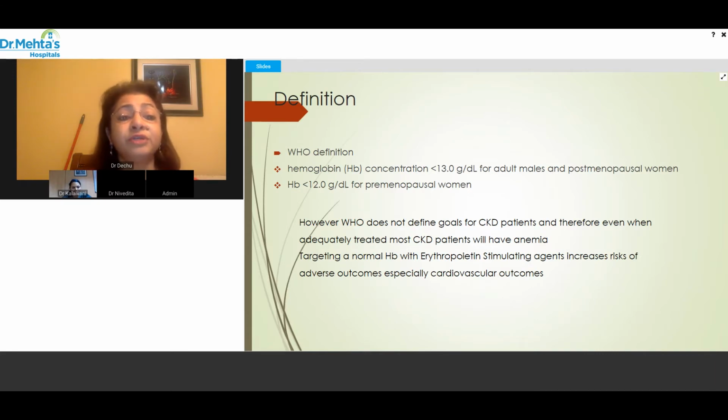However, the WHO does not define goals for CKD patients, and so we have to refer to KDIGO guidelines that Dr. Kalaivani very nicely alluded to. So we also have to target a normal hemoglobin with erythropoietin stimulating agents, knowing full well that it increases the risks of adverse outcomes, especially cardiovascular outcomes.